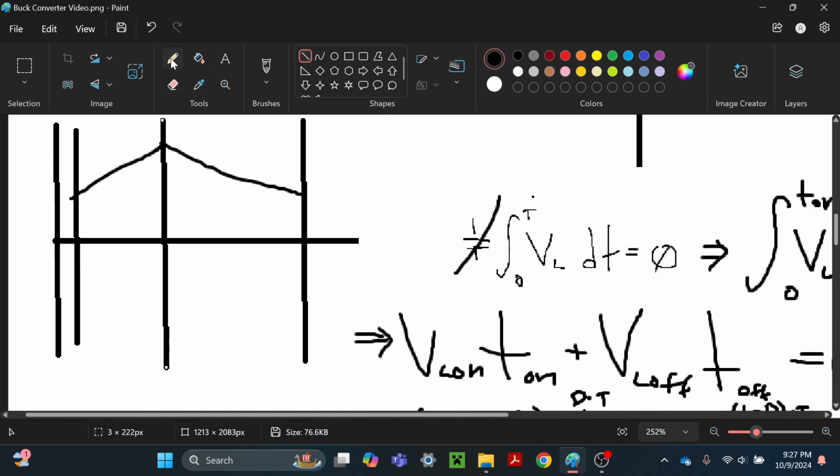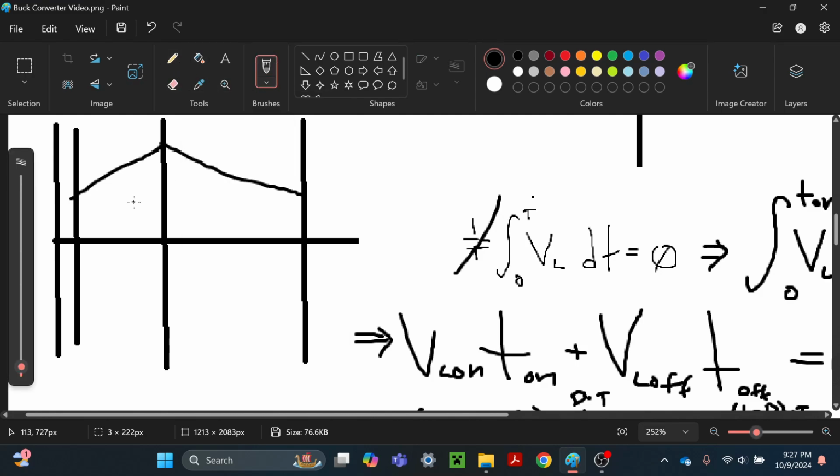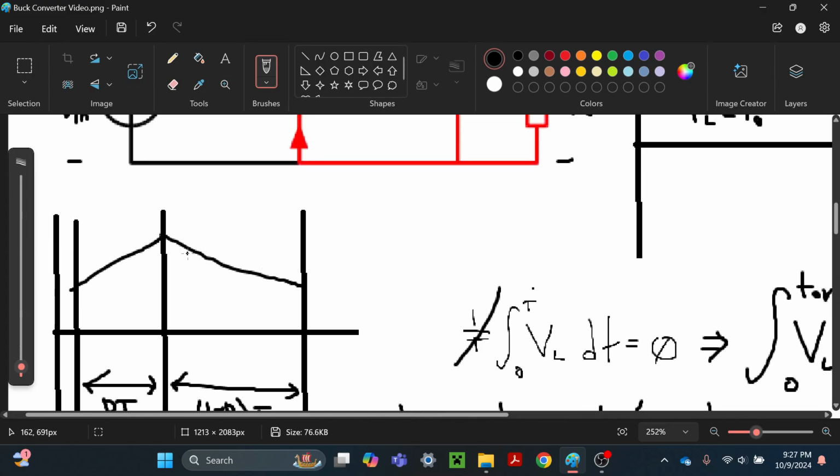So this, as we discussed, is the on time, which is equal to D times T. And this is going to be the off time, which is equal to 1 minus D times T. And then this is IL max.